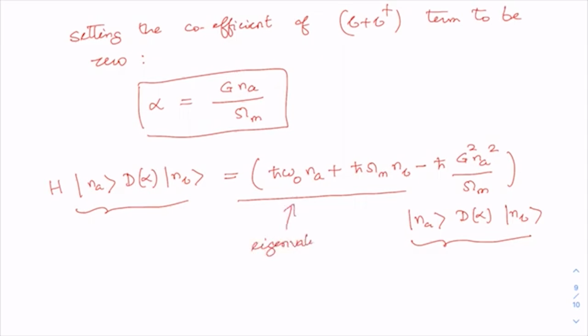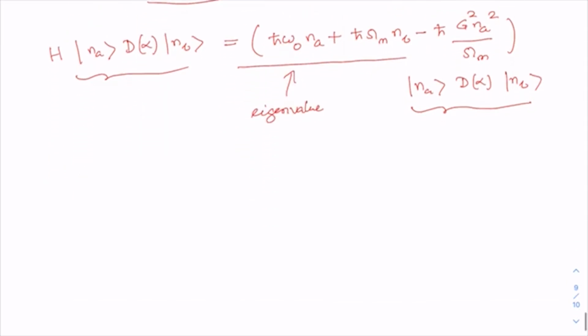This is your eigenvalue. So we recognize that the eigenvalue E(n_a, n_b) when z is non-zero is equal to ħω₀ n_a plus ħΩ_m n_b minus ħ z² n_a² divided by Ω_m.